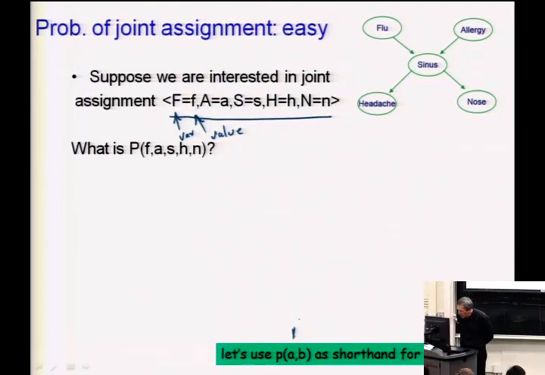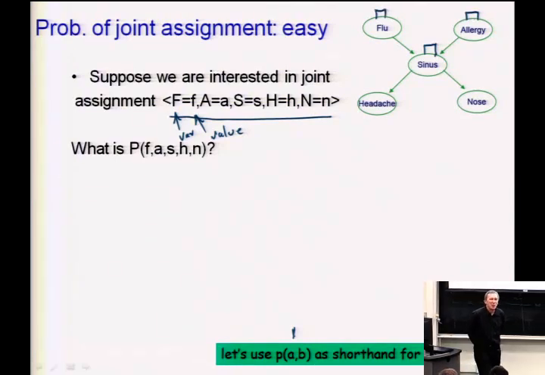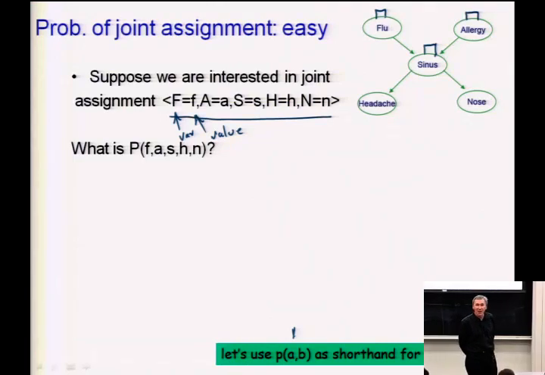Okay, so given that I do have the conditional probability tables for each one of these nodes, I'll just assume I have a little table associated with each node that gives me the appropriate conditional probability of each node, conditioned only on its immediate parents.